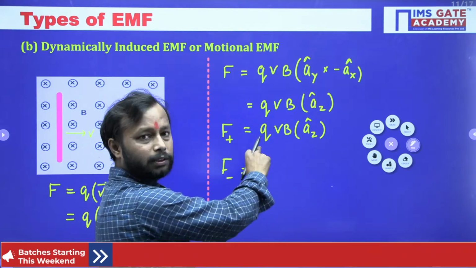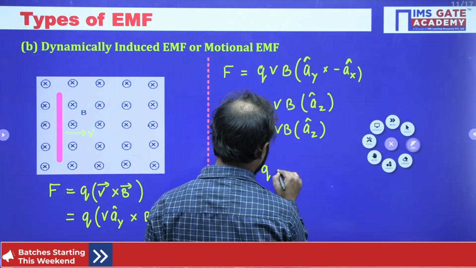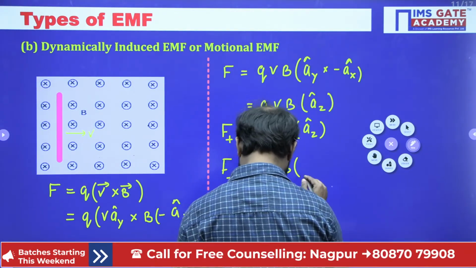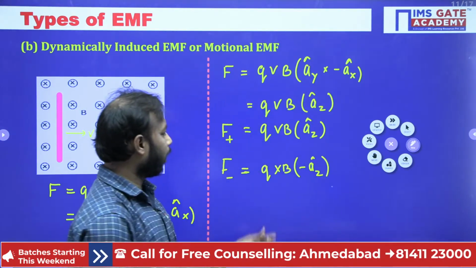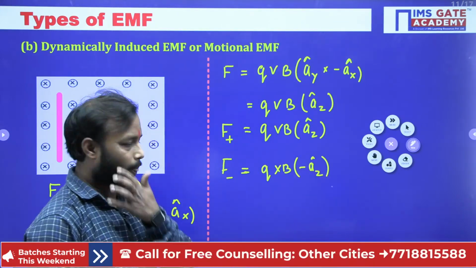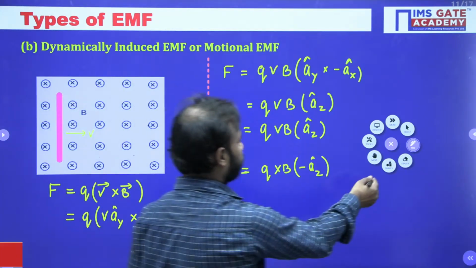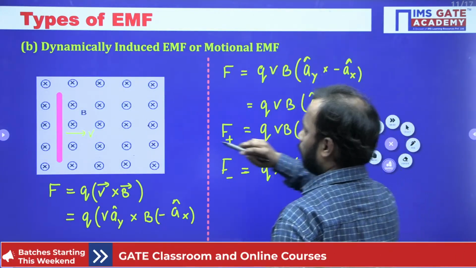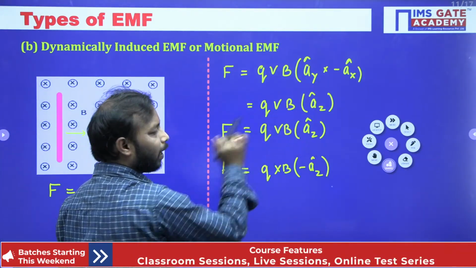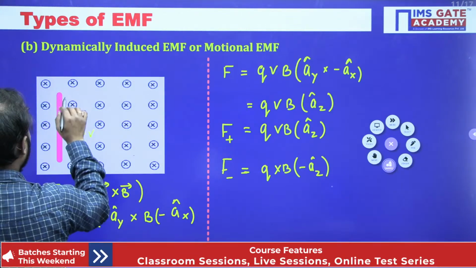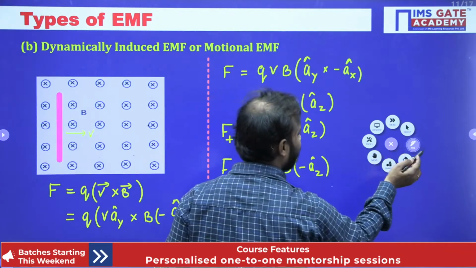Since Q is negative, can I write this as minus Q V B AZ. I have taken this negative sign inside to this. So here the force due to positive charge under the presence of magnetic field will be in upward direction, isn't it? In AZ means upward. So what does this magnetic field do?